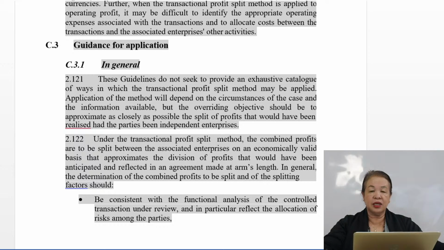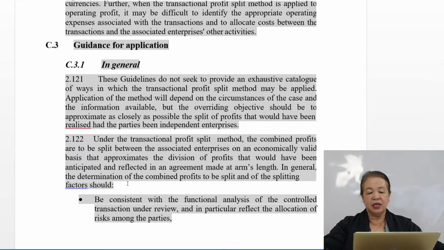The guidelines do not seek to provide an exhaustive catalog of ways in which the transactional profit split method may be applied. Application of the method will depend on the circumstances of the case and the information available, but the overriding objective should be to approximate as closely as possible the split of profits that would have been realized had the parties been independent.